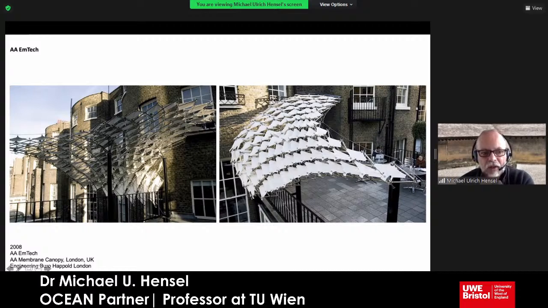Also, those of you that have been at the AA would probably know that somewhere back here, where you can just get an idea, is the Imagination Building by Ron Herron, one of the first buildings built by a member of Archigram, also with a textile membrane on the roof. And we didn't want to make the view of this entirely impossible. So breaking this open was also an issue of ensuring that this is possible.